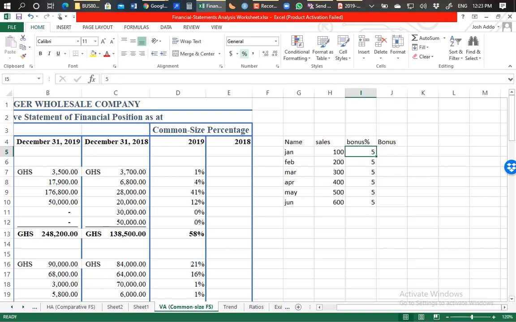So let me make it percent. 5%. So what I'm going to do is equal to these sales you have done times your bonus percentage. That tells me the bonus. I should pay you a bonus of 5. Then when I drag down, I can do it for the rest of the people.